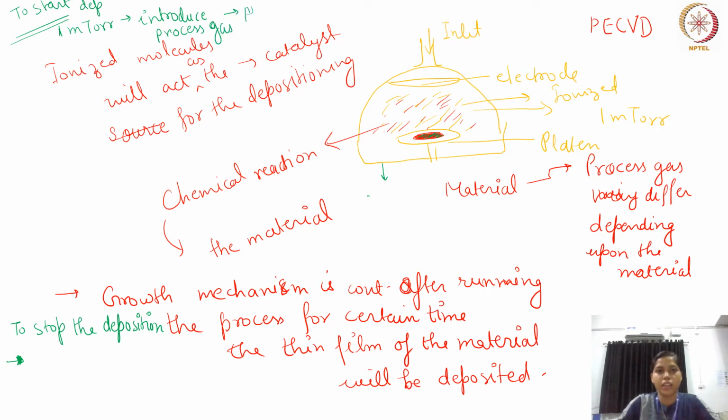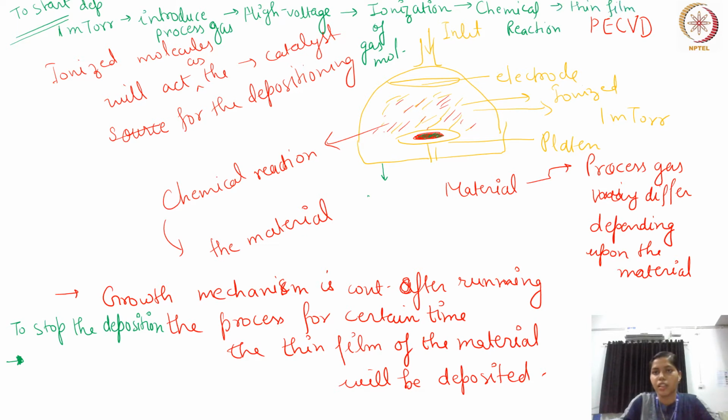Then a high voltage, or basically an RF power supply, is supplied, and due to that ionization of gas molecules happens, and at last after some chemical reactions, the thin film of the required material is deposited. Okay, so this is the process to start the deposition.